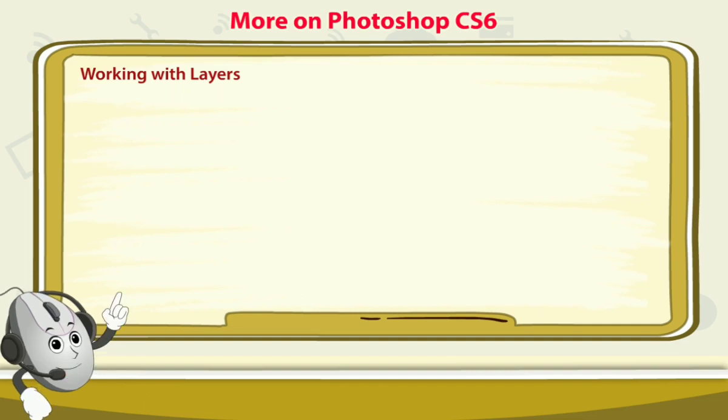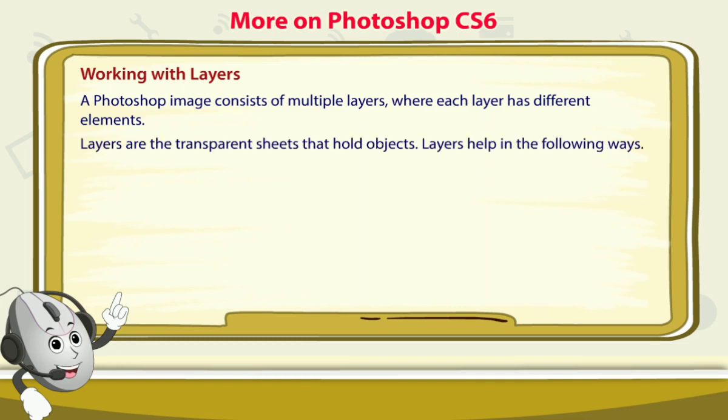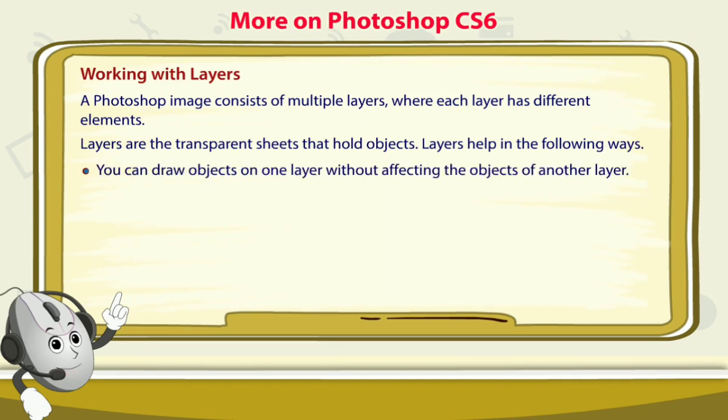Working with layers. A Photoshop image consists of multiple layers, where each layer has different elements. Layers are transparent sheets that hold objects. Layer helps in the following ways. They are like a transparent sheet.